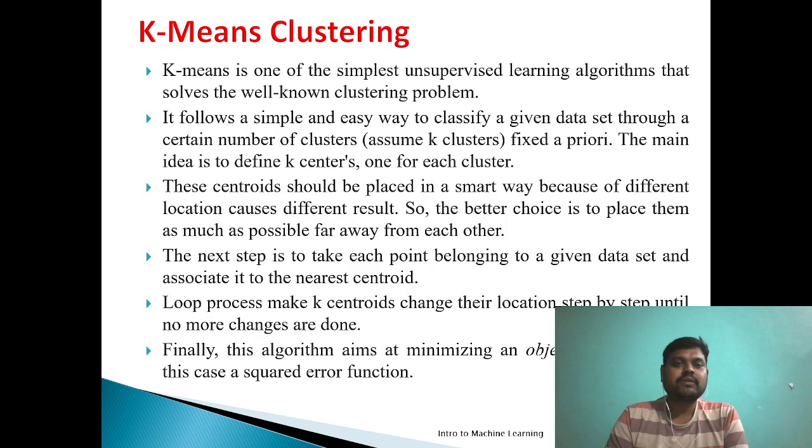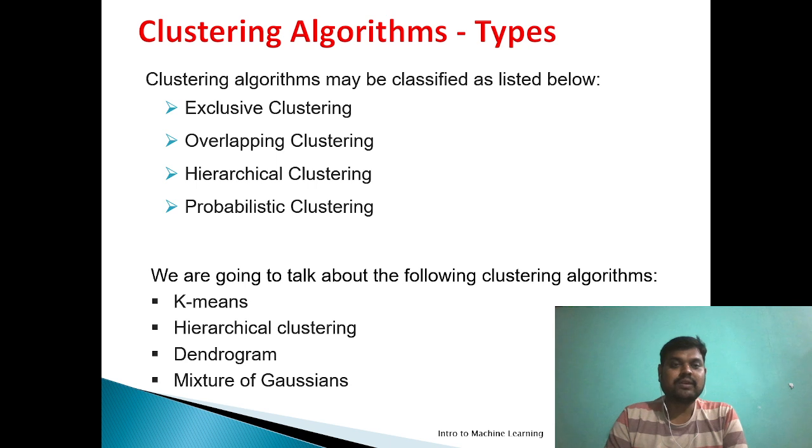In exclusive clustering, the data point should be present in only one cluster; it cannot be present in more than one cluster. In overlapping clustering, data points can be present in more than one cluster, so the clusters may overlap. That's why it is named overlapping clustering.